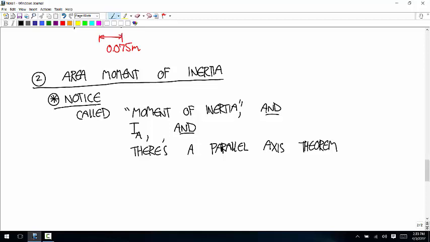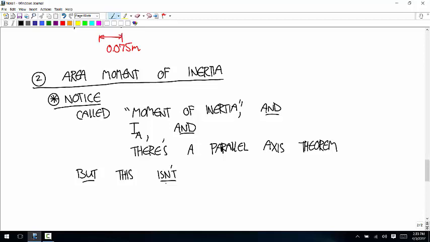People call it the moment of inertia, and they denote it capital I sub A, and there's a parallel axis theorem, but this isn't the moment of inertia with all those properties from dynamics. It's a different kind of moment of inertia than in dynamics. I don't think you've taken dynamics yet, right?